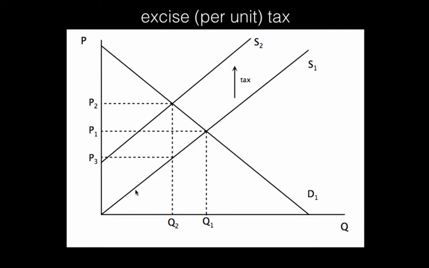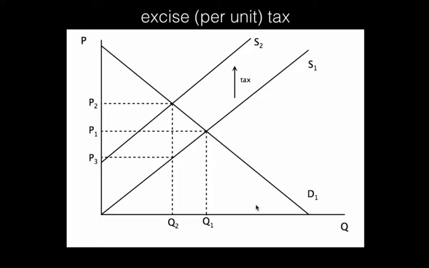If they were willing to supply Q2 when the price was P3, then if they have to pay the tax, they're going to need an amount higher by the amount of the tax for them to still be willing to supply Q2. Because if they receive P2 and then pay the tax, they're actually getting P3, and at P3, according to their supply curve, they're willing to supply Q2, and the same thing for every quantity.